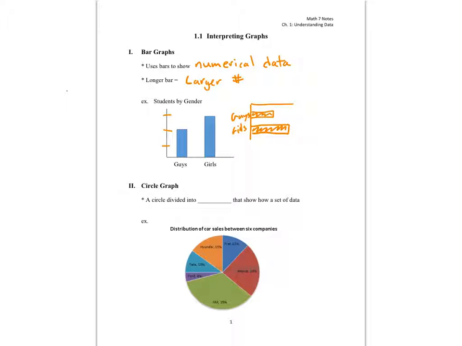So the next one we have is a circle graph. A circle is divided into what we call wedges, and they show how a set of data compares to the whole.